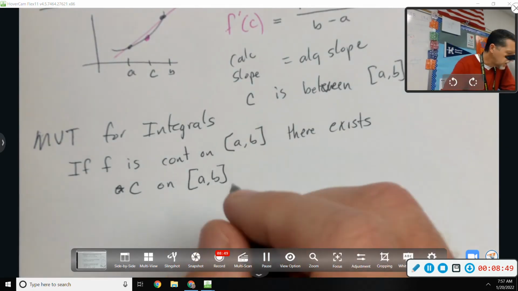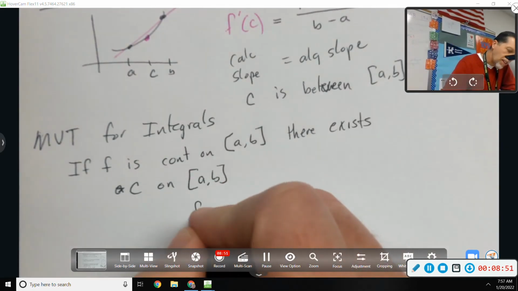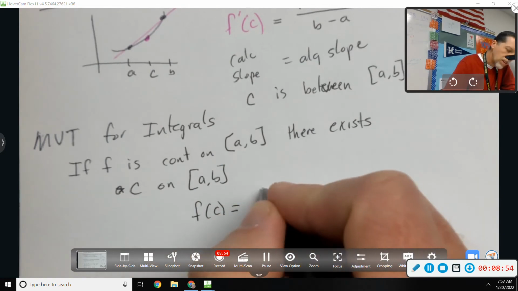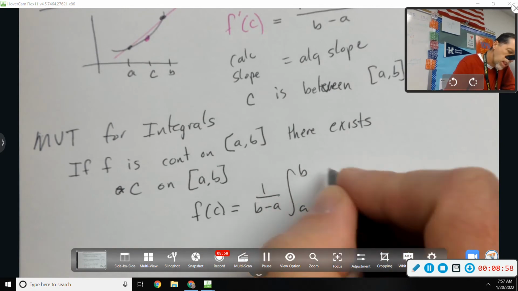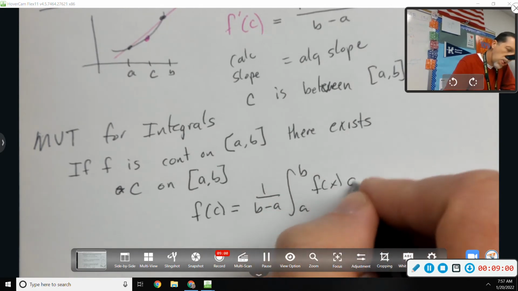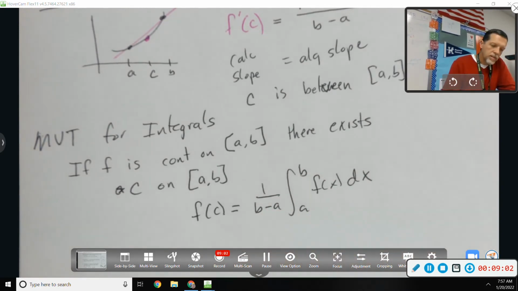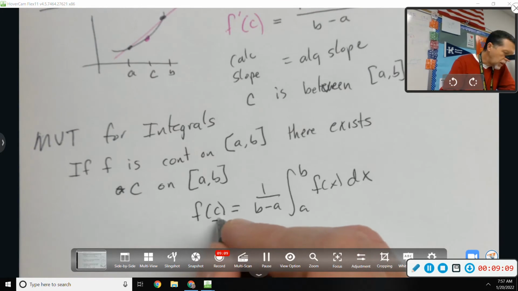For integrals, it tells us that the average value, so there's the average value, happens at a place.